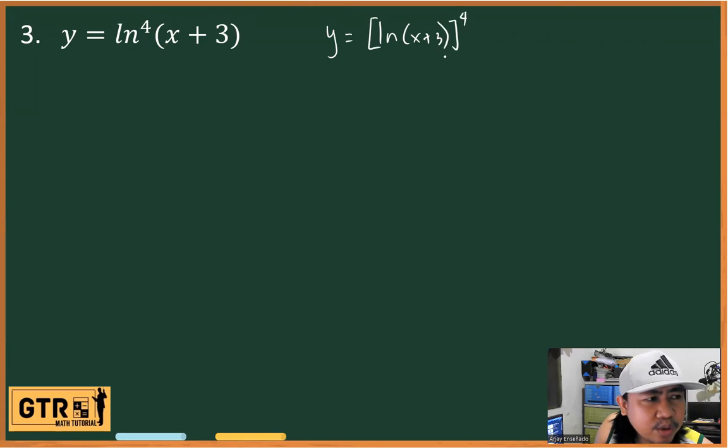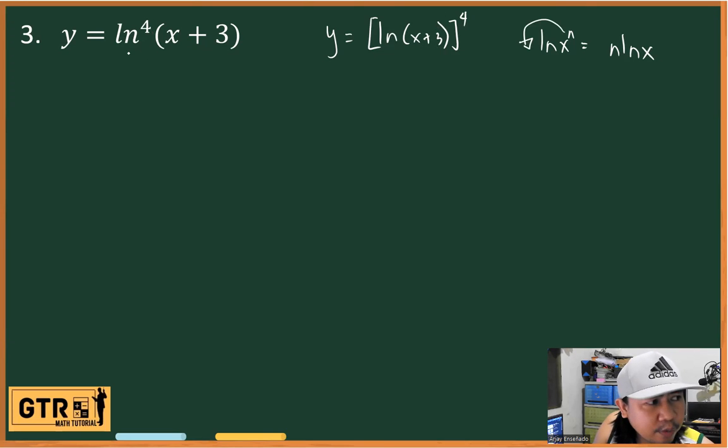We cannot use the property ln x to the n equals n ln x, because the exponent is on the ln. So that is the meaning of ln to the fourth of x plus 3. It does not mean 4 times ln x plus 3 inside the logarithm.